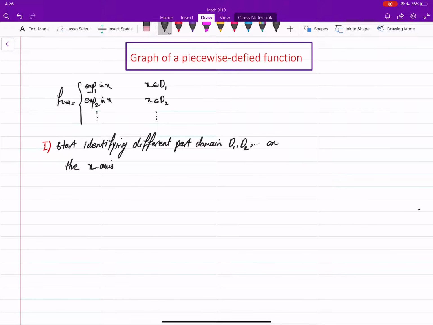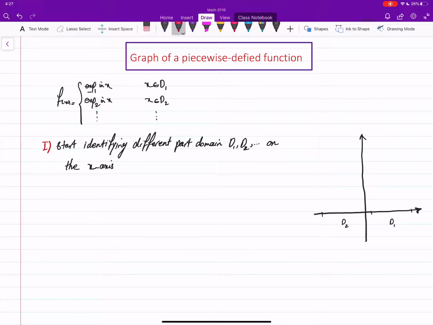So if you have the Cartesian coordinate system, somehow identify that this piece is for D1, this piece is D2, and so on. You may have only 2 of them.